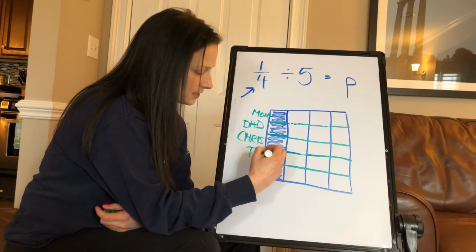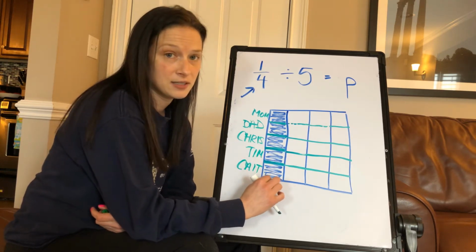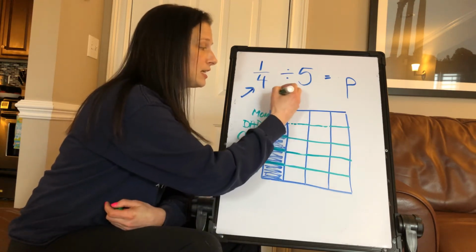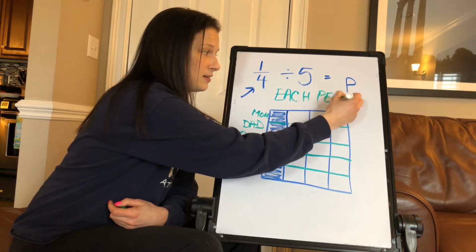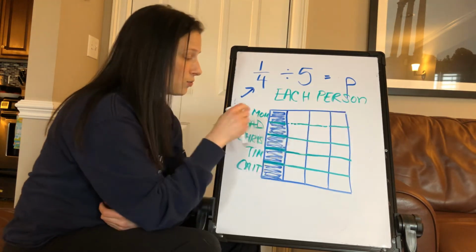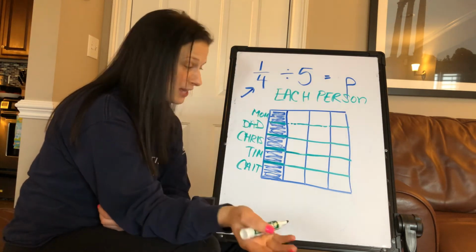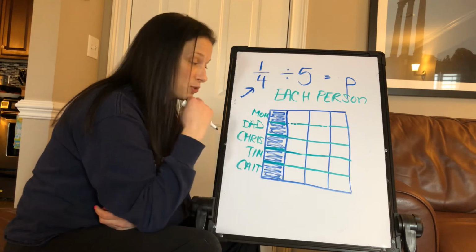Tim gets this piece, and Caitlin is gonna get this piece. And the question that we want to know is how much does each person get? So mom gets this piece, dad gets this piece. I want to know how much does each person get? Not how much is left all together, how much does each person get?